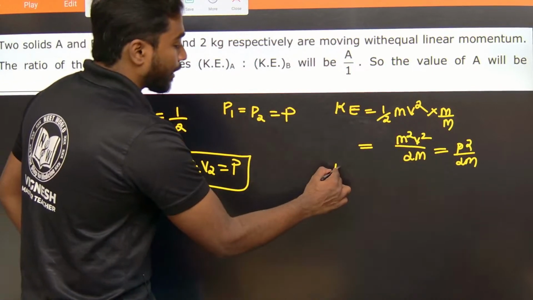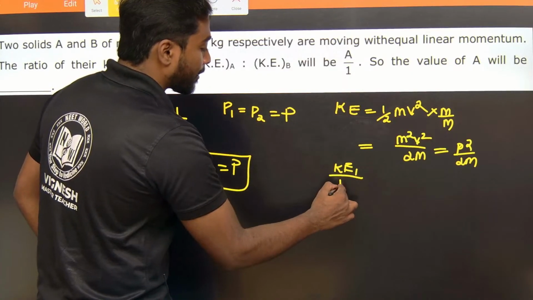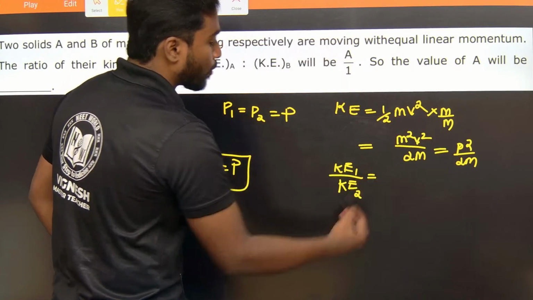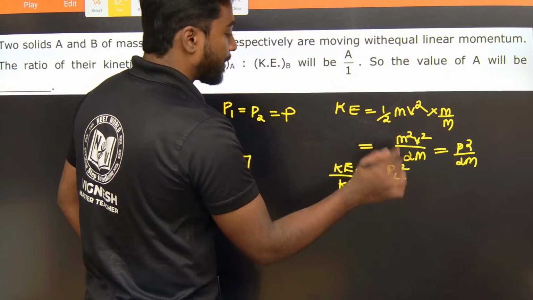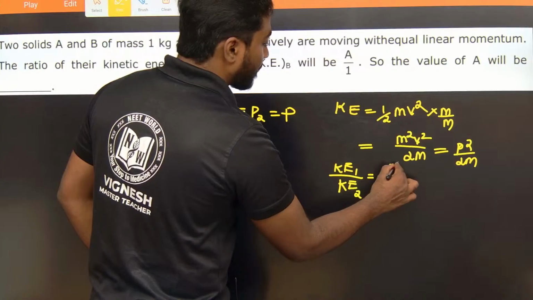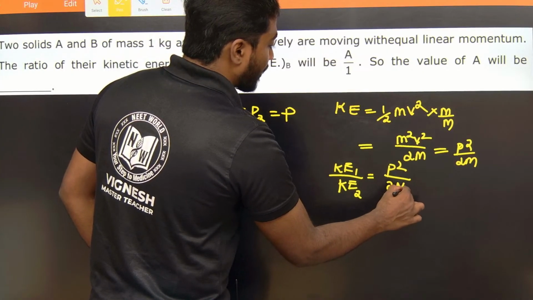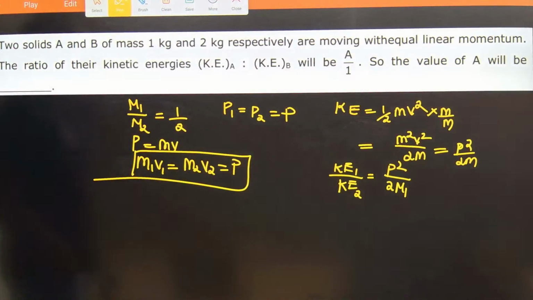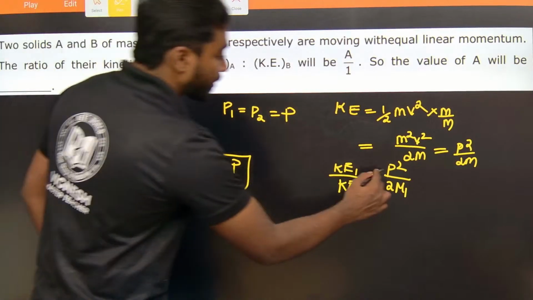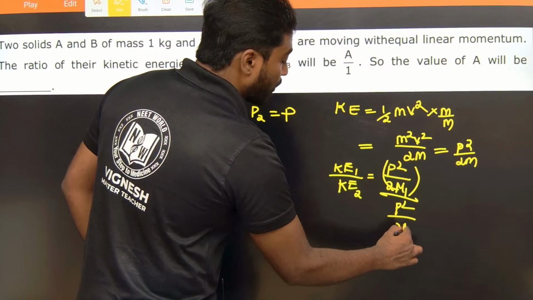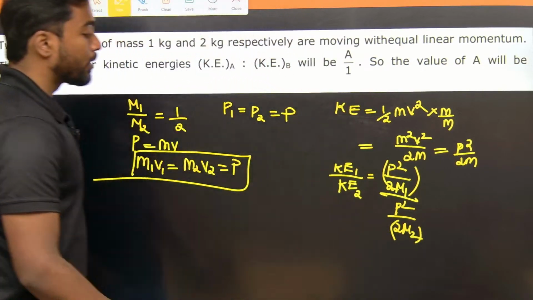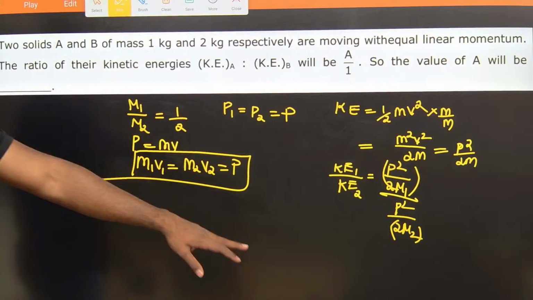So kinetic energy 1 by kinetic energy 2 should be equal to p square by 2m1 divided by p square by 2m2, since momentum is the same. Mass 2 is 2, mass 1 is 1, substitute those values.